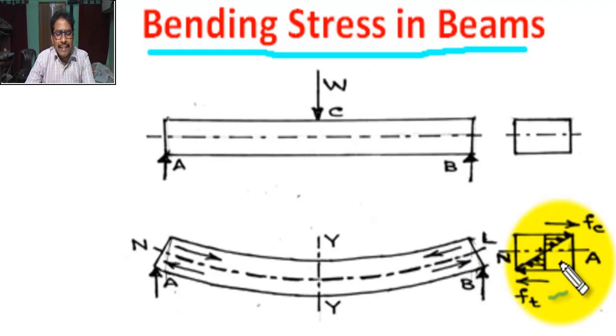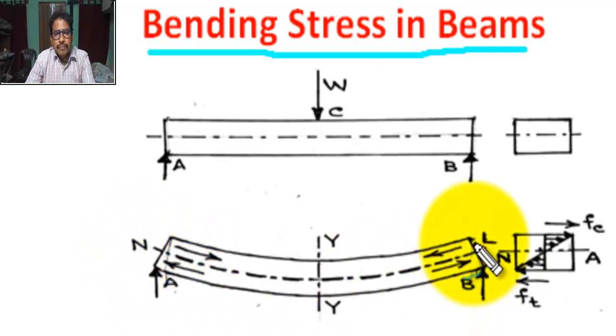The neutral axis is an axis in the cross section of a beam. The neutral axis is perpendicular to the load. The neutral axis is perpendicular to the neutral layer.